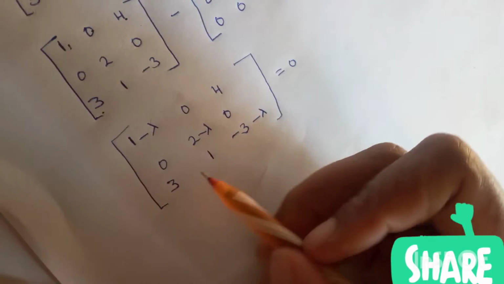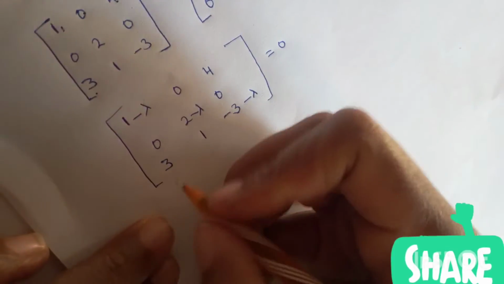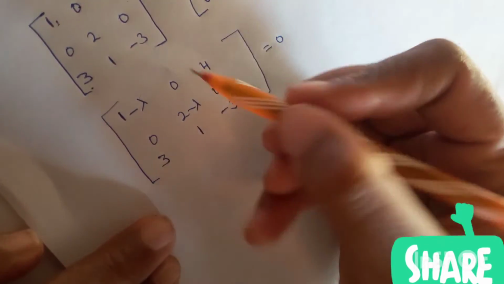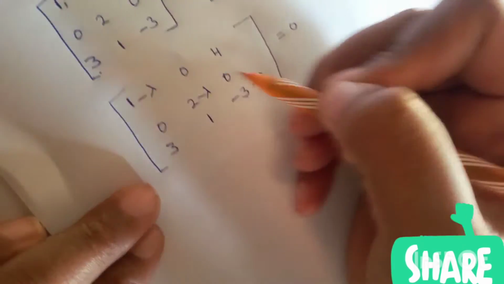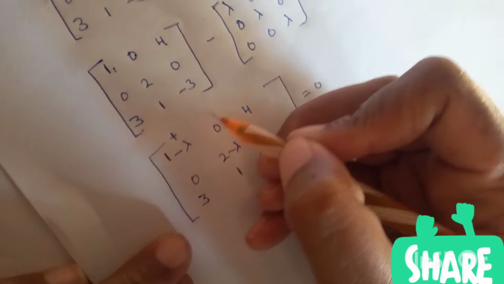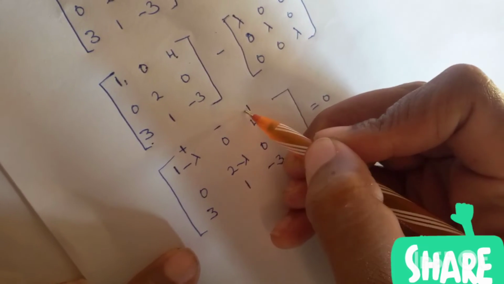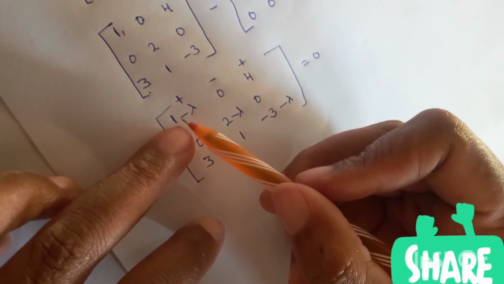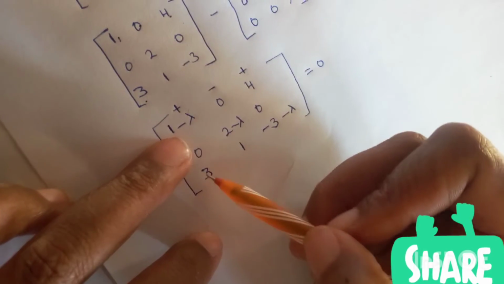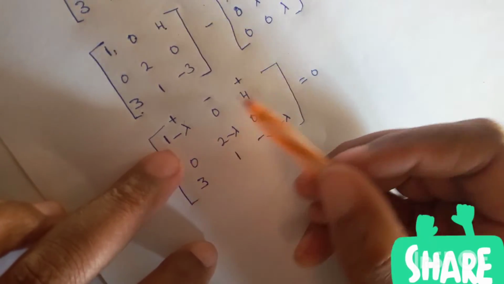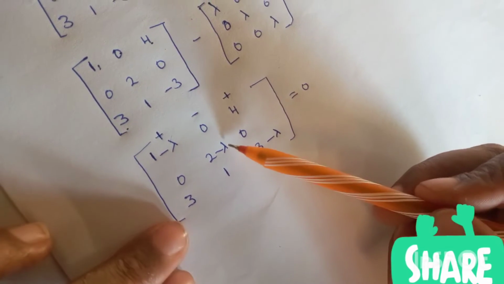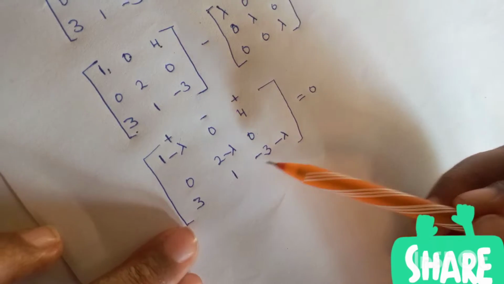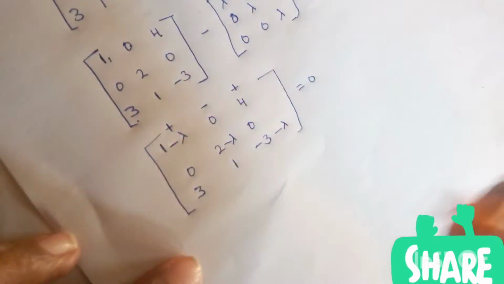From here we are going to find the determinant. For finding the determinant, we have the sign position of the columns: positive, negative, and positive. So we take the first element and cross out its column and row. We remain with these 4 elements: 2 minus alpha, 0, 1, and minus 3 minus alpha.